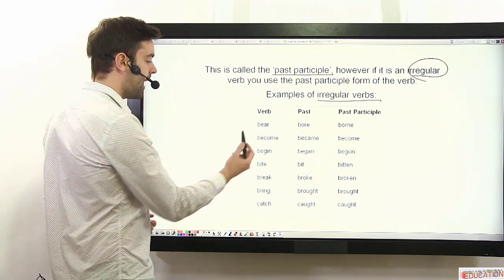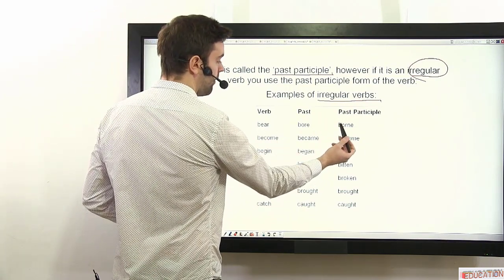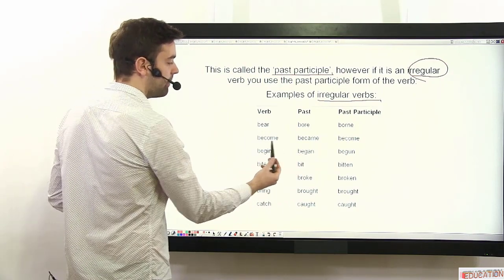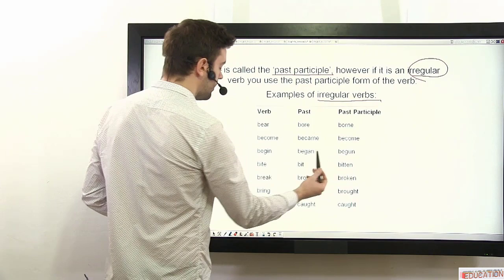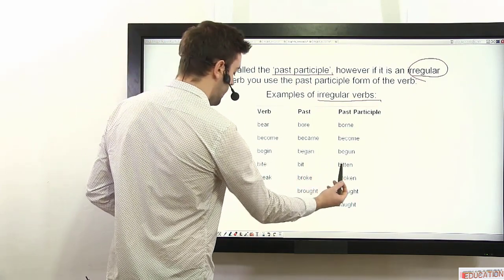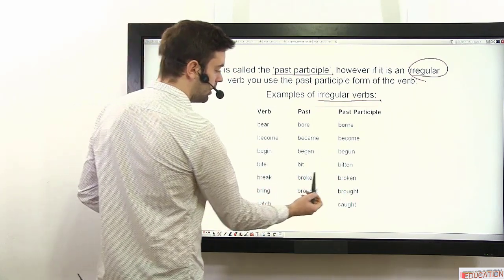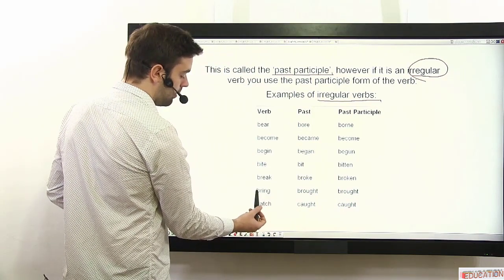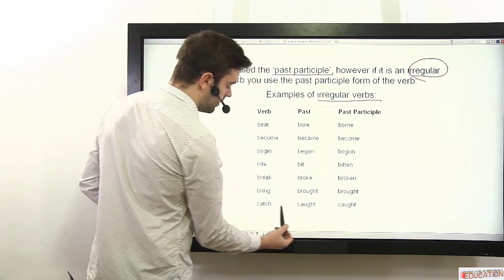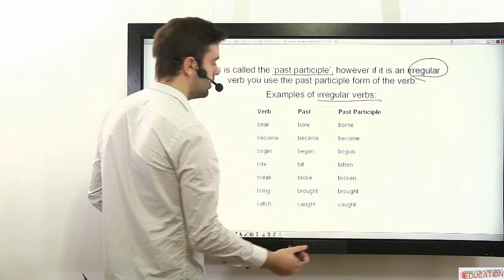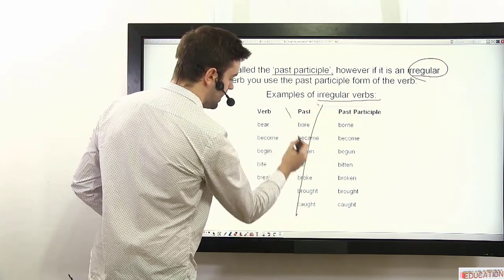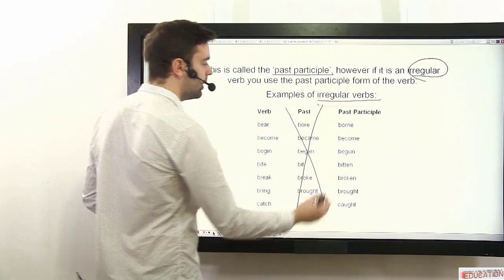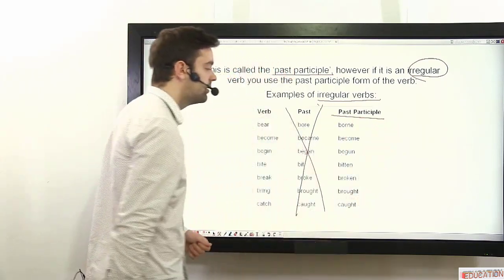So, for example, bear, born, become, begin, begun, bite, bitten, break, broken, bring, brought, catch, and caught. We do not, in the perfect tenses, use this table. We instead use the past participle.